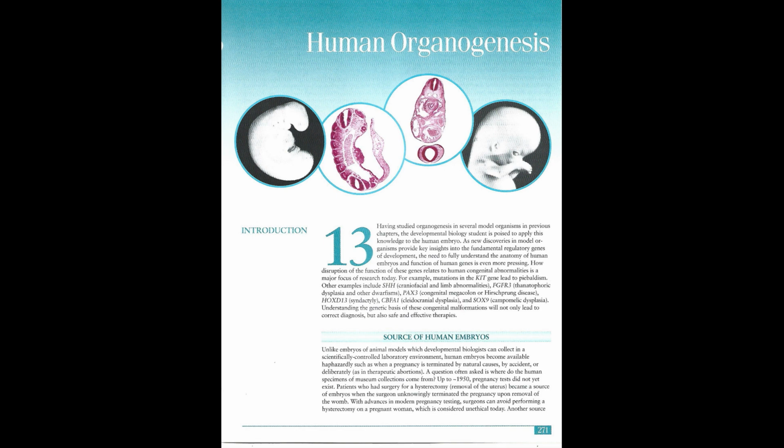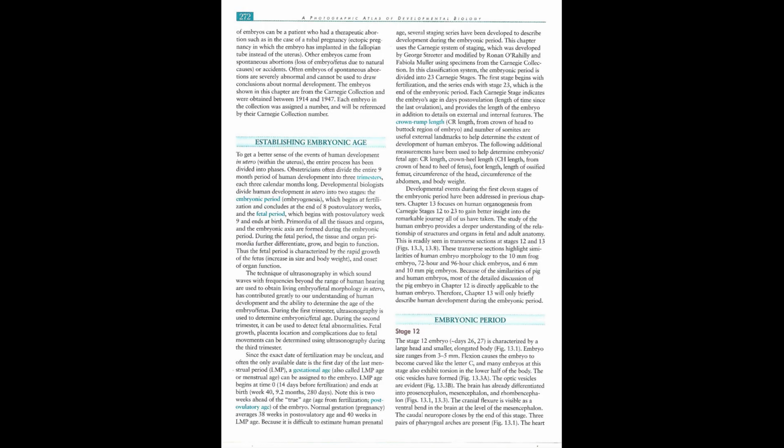Another source of embryos can be a patient who had a therapeutic abortion, such as in the case of a tubal pregnancy, ectopic pregnancy, in which the embryo has implanted in the fallopian tube instead of the uterus. Other embryos came from spontaneous abortions, loss of embryo/fetus due to natural causes, or accidents.